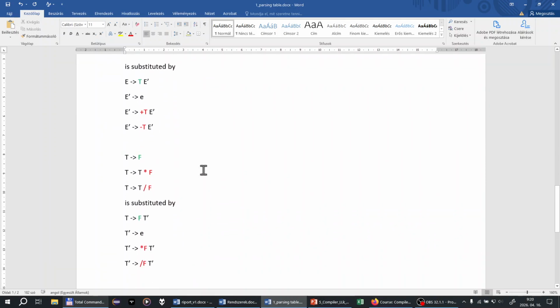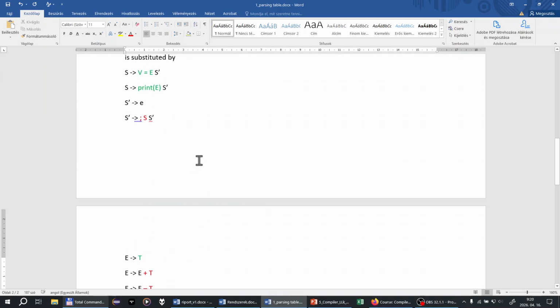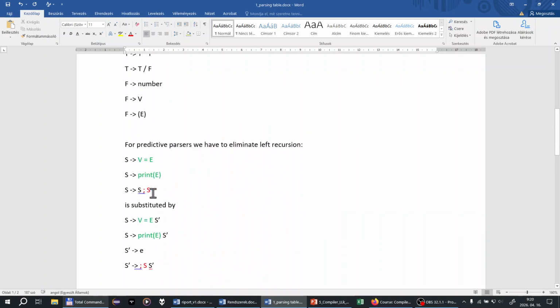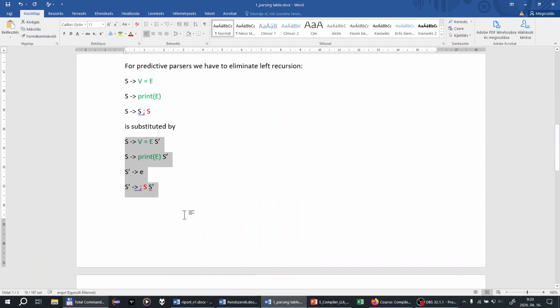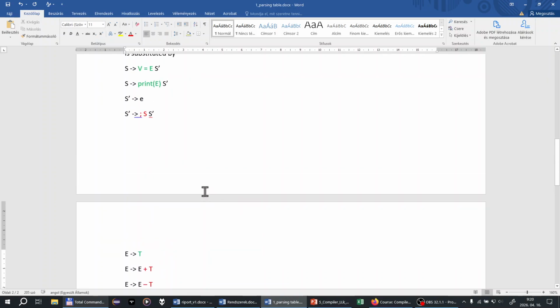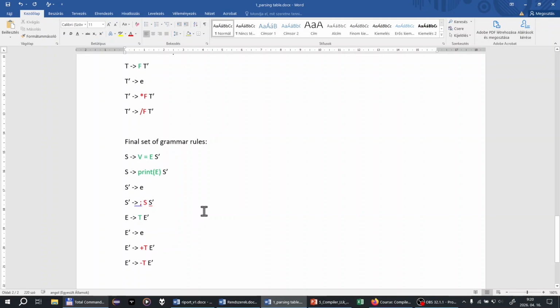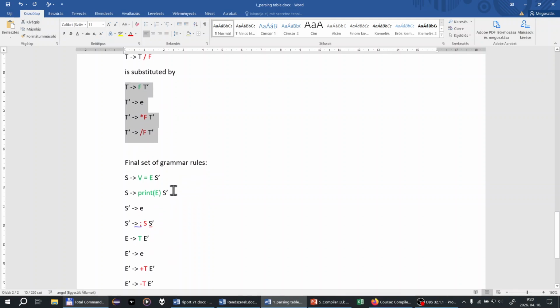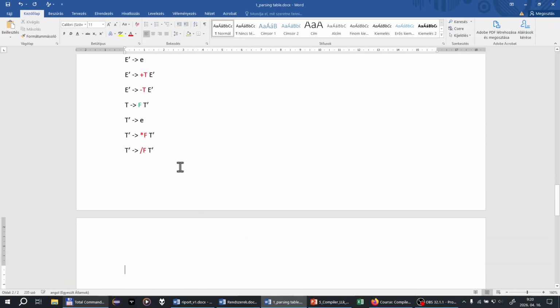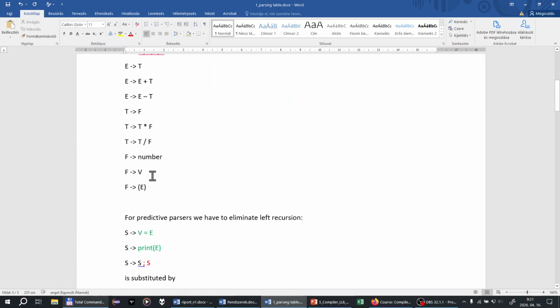So finally, we have a set of grammar rules which includes this part, then this one, and then this one, and what is not modified, we just have to copy.